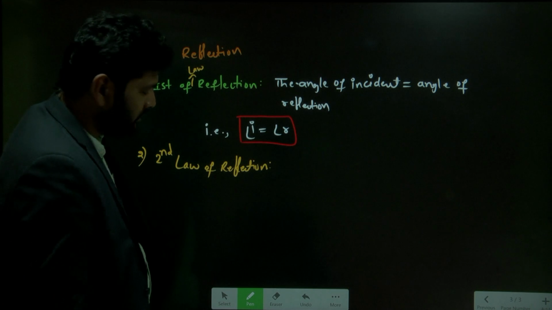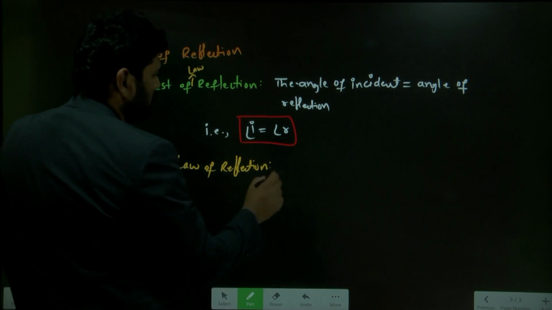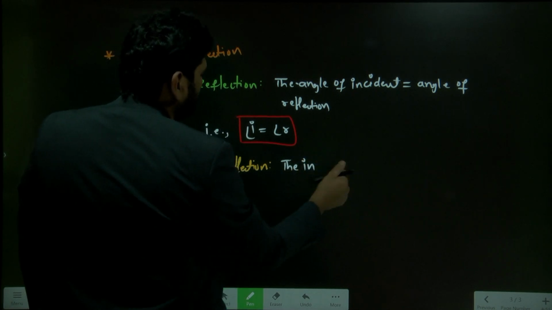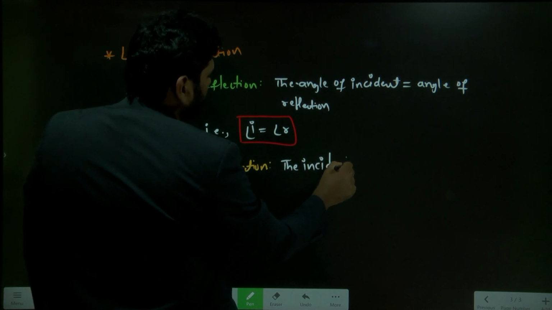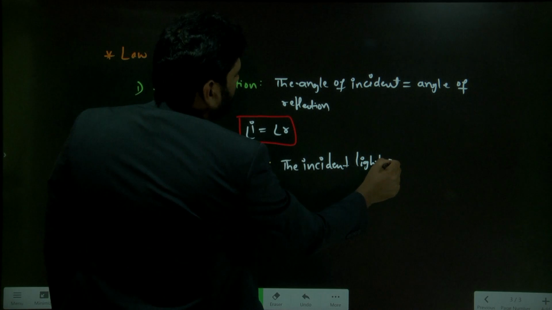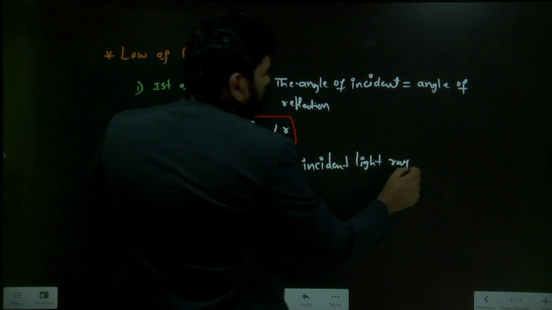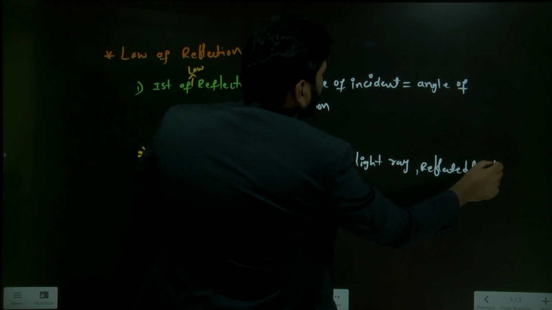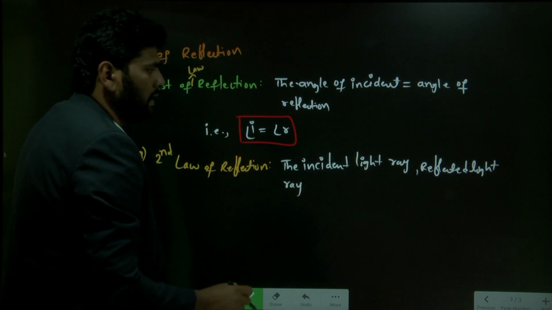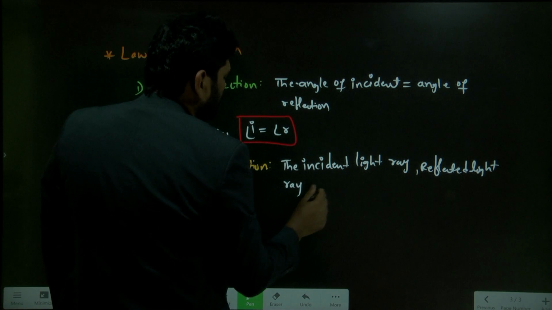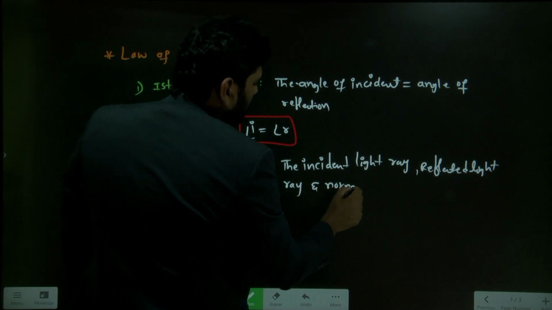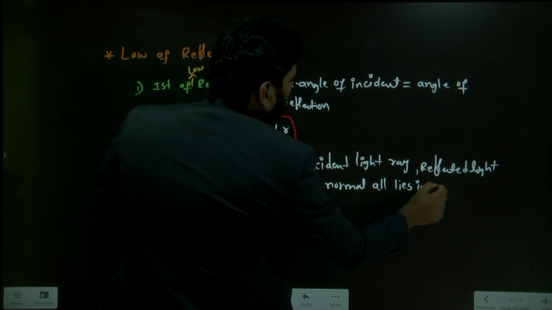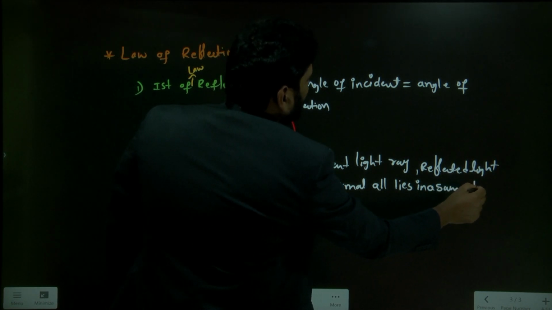Write down: the incident light ray, reflected light ray, and normal all lie in the same plane.